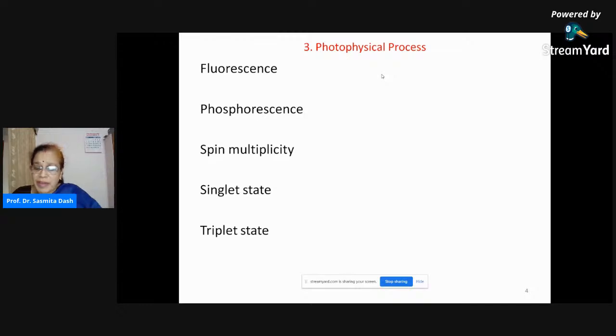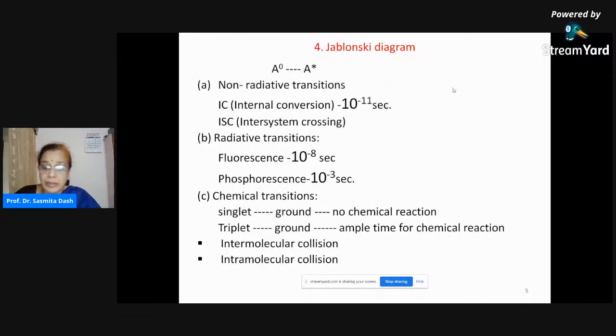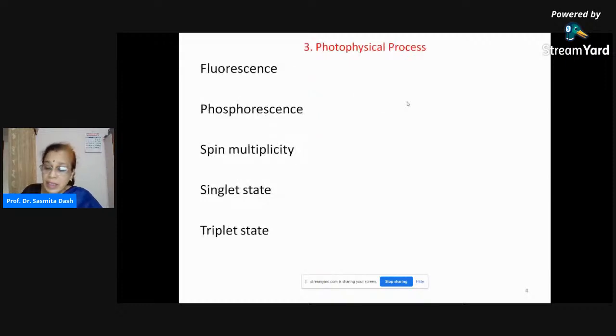The absorption of light may result in a number of phenomena. Number one, light absorbed can cause a lowering in intensity of the incident radiation. Number two, the absorbed radiation may be re-emitted in different steps. We will discuss all the processes one by one.